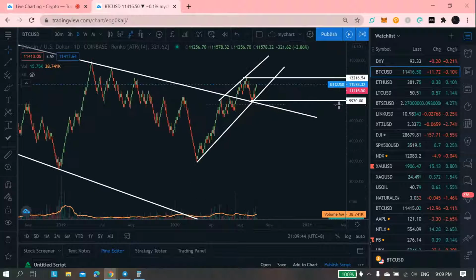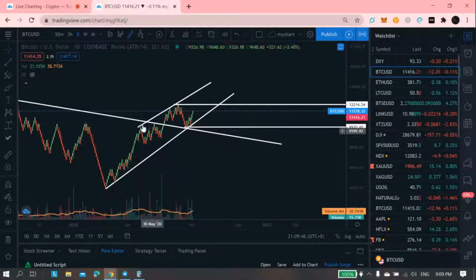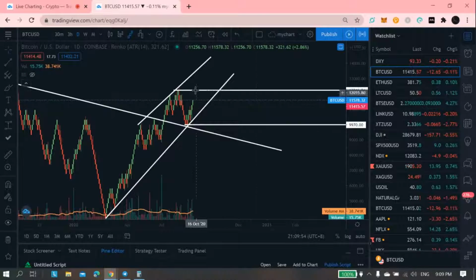As I said a while ago, the resistance I'm looking at is 12,200. But if it breaks out of this 12,200, possibly around this resistance channel, which is around 13,000. So let's see how it goes in the next few days or few months, until the end of the year. That's my target for Bitcoin.